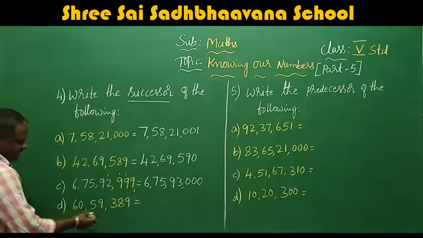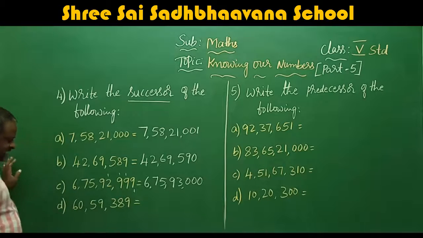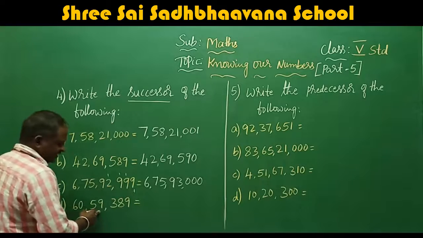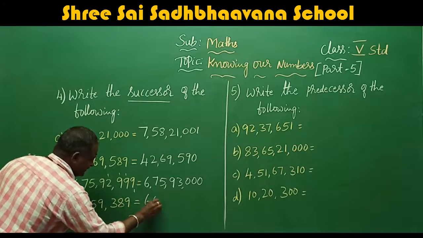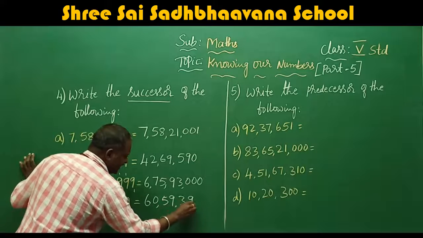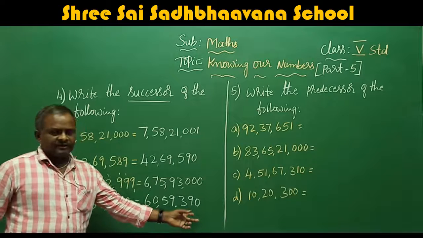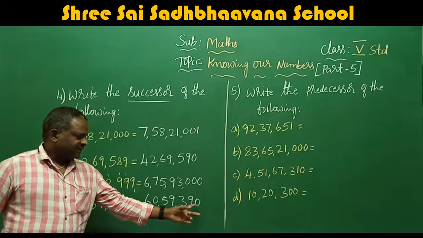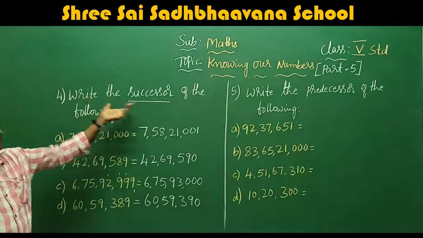Next, here 60 lakhs 59,389. The next number is 60 lakhs 59,390. Just this is about the successor.